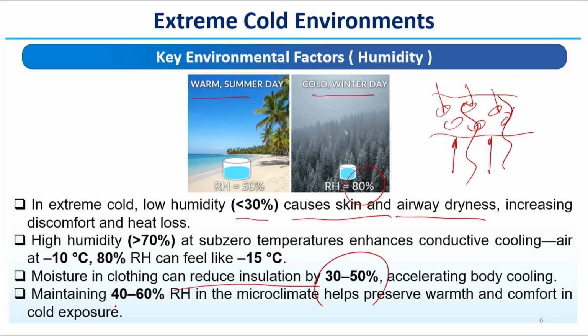Maintaining 40 to 60% humidity in the microclimate helps passive warming and comfort in cold exposure. Typically, if we keep around 50% moisture vapor in the microclimate, that will keep our body warm.